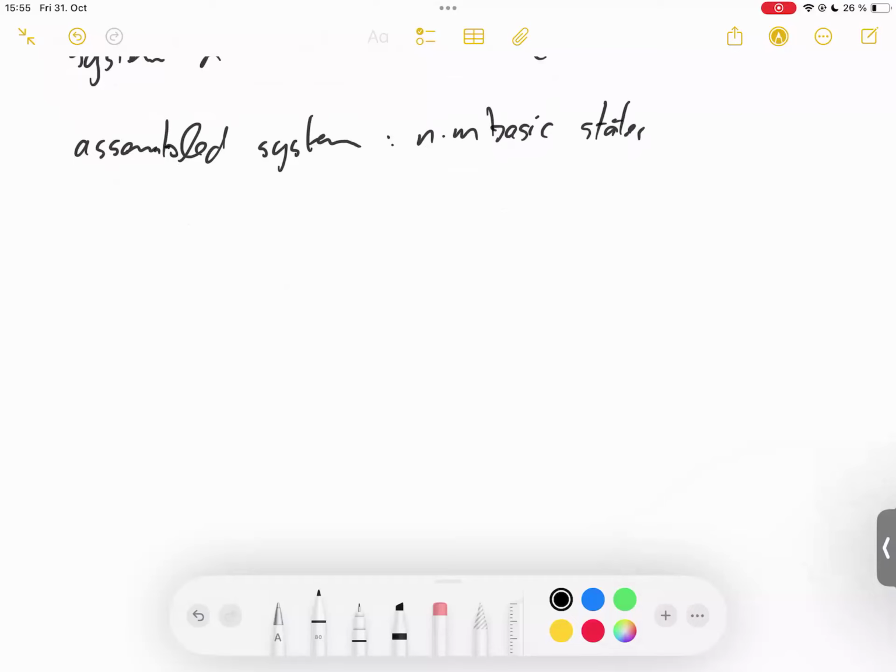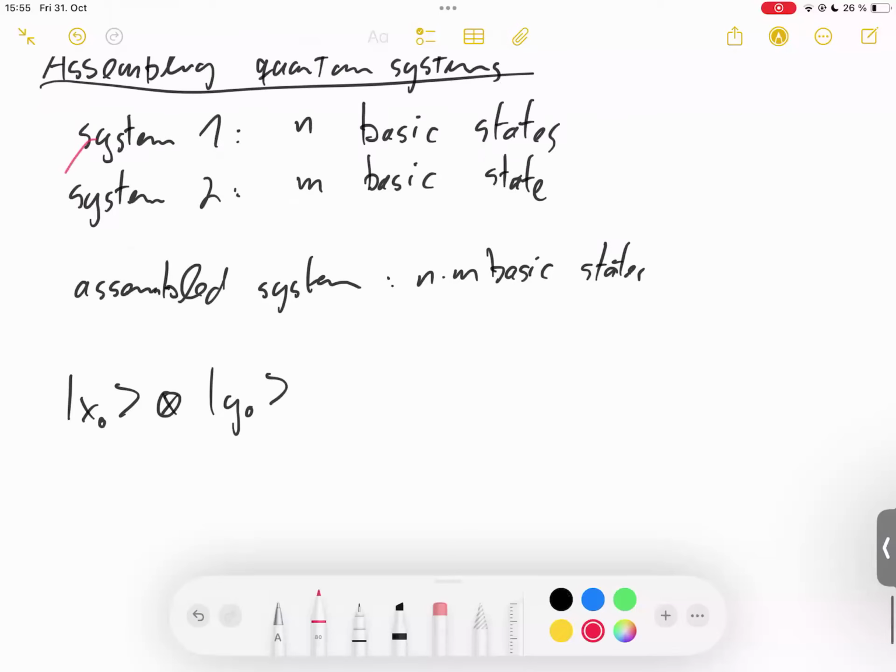Imagine we have x0 ket and the tensor product of this with y0 ket. So the x comes from system 1, the y from system 2. And what this means, the tensor product of x0 and y0, is the first particle is at x0 and the second particle is at y0.